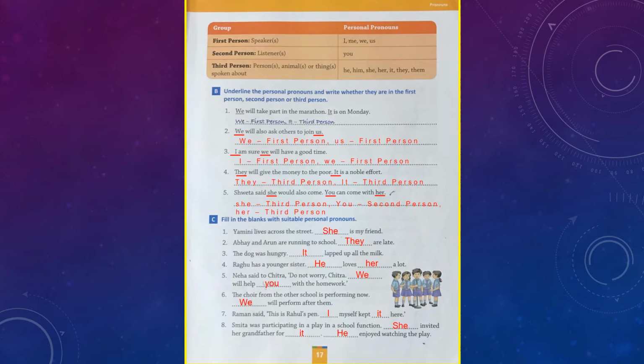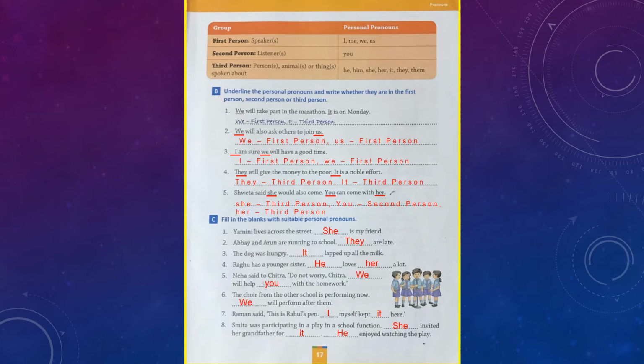Sentence number 4. They will give the money to the poor. It is a noble effort. In this sentence, you have two pronouns. They is a third person pronoun and it is also a third person pronoun. Number 5.